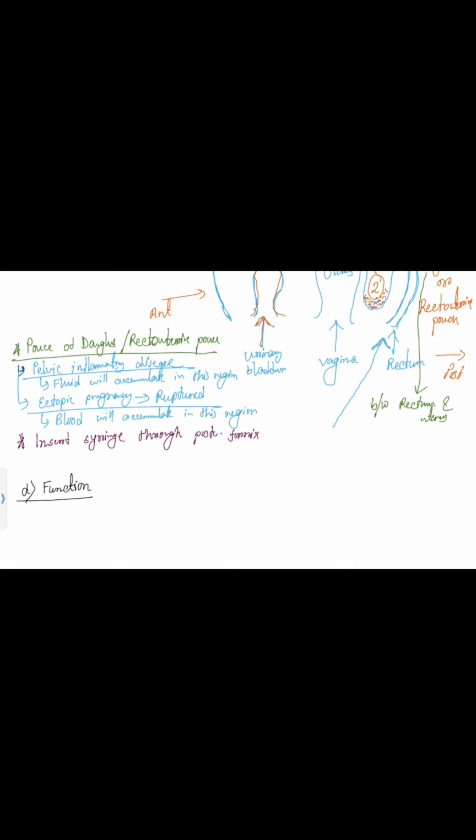So they will insert one syringe through this posterior fornix into the pouch of Douglas, okay. And if they find blood, then they will diagnose it as ectopic pregnancy. If they find any abnormal fluid, they will diagnose it as PID, pelvic inflammatory disease. So that is the concept of the pouch of Douglas, and its clinical importance.